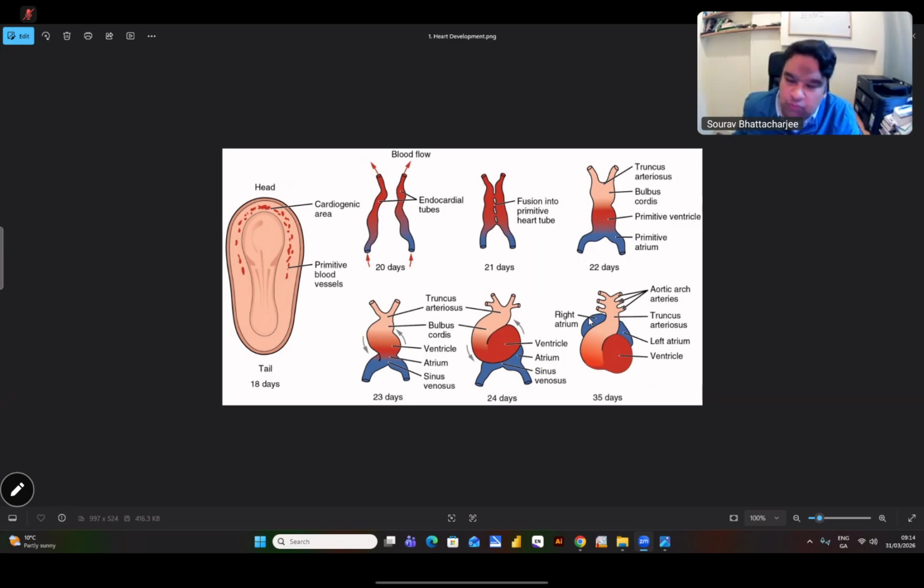If there is no looping, number one, these two endocardial tubes will struggle to fuse. First of all, this looping brings these two cardiac tubes close by. So when the looping happens, these two cardiac tubes come close by and form that common tube.